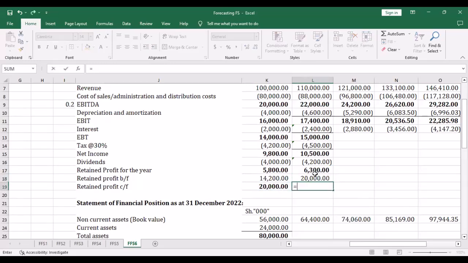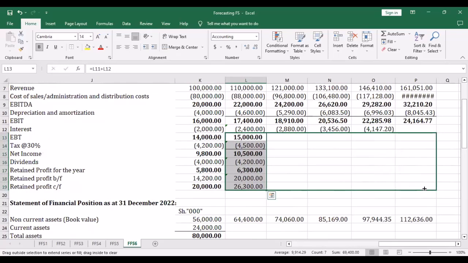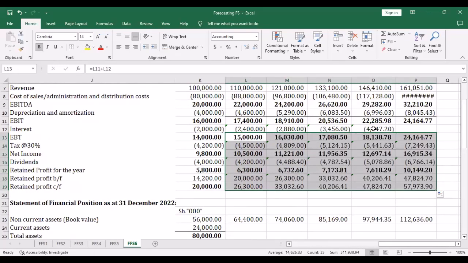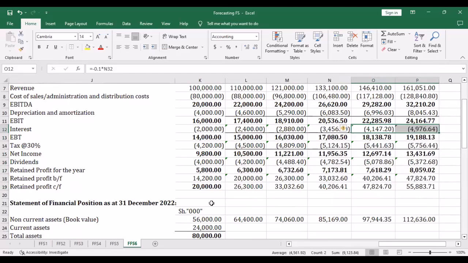And now for this year, it will be what was taken this year plus brought forward, isn't it? Then you can select the whole thing and I just drag. I think here we never did a dragging completely. It's just as simple as that. Then Control Bold.